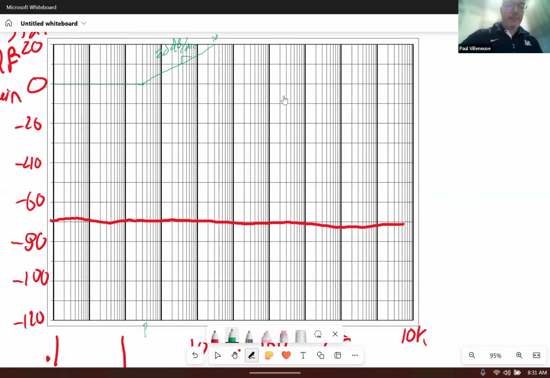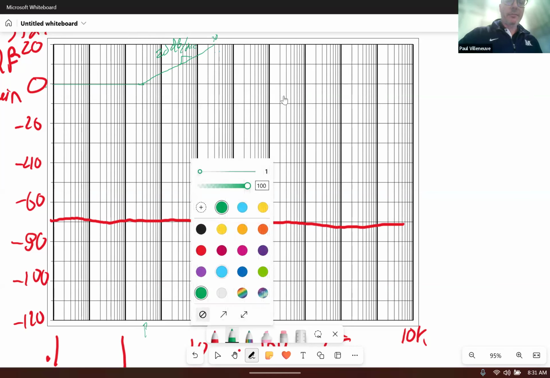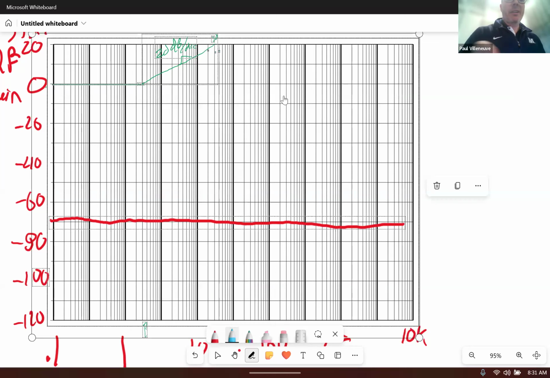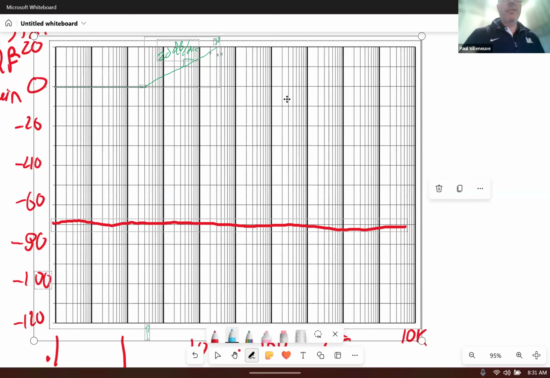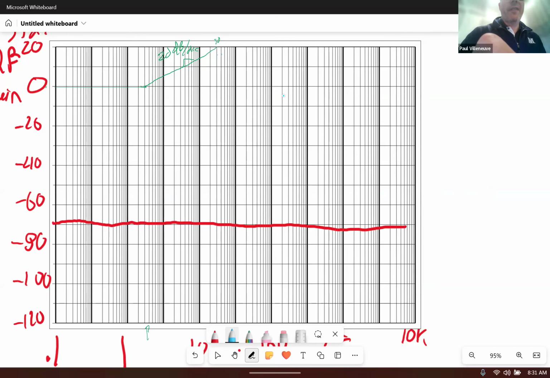So for my blue one, I'm going to start at 50, which is 40, 50. This is 50 here. So this contributes nothing until I get to 50. And then it goes down at 20 dB per decade. So let's move this out of the way. I guess we have to move it up just a little bit because I can't make it up to 50.